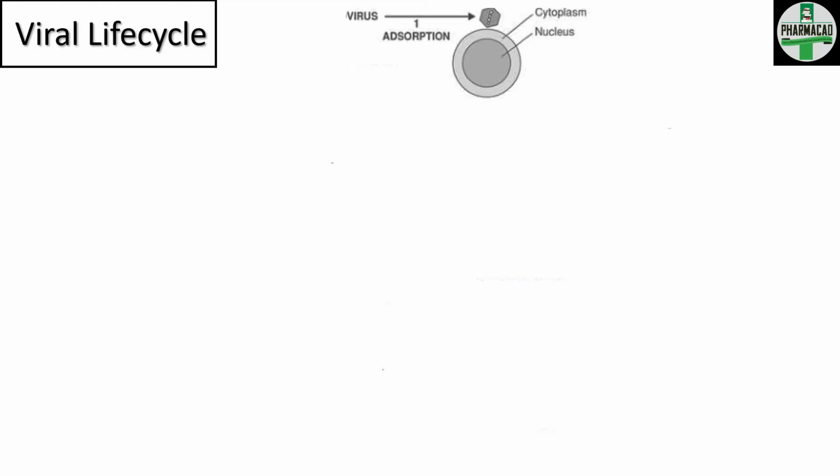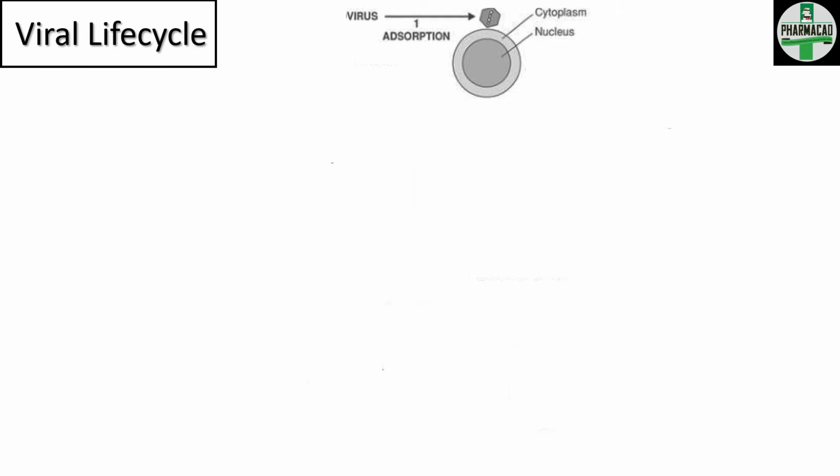Let us understand the life cycle of DNA virus. It starts with attachment of a virus to the cell surface of a host cell. This attachment is very specific. The viruses can identify specific receptors present on the cell surface and bind to those receptors or cells only.